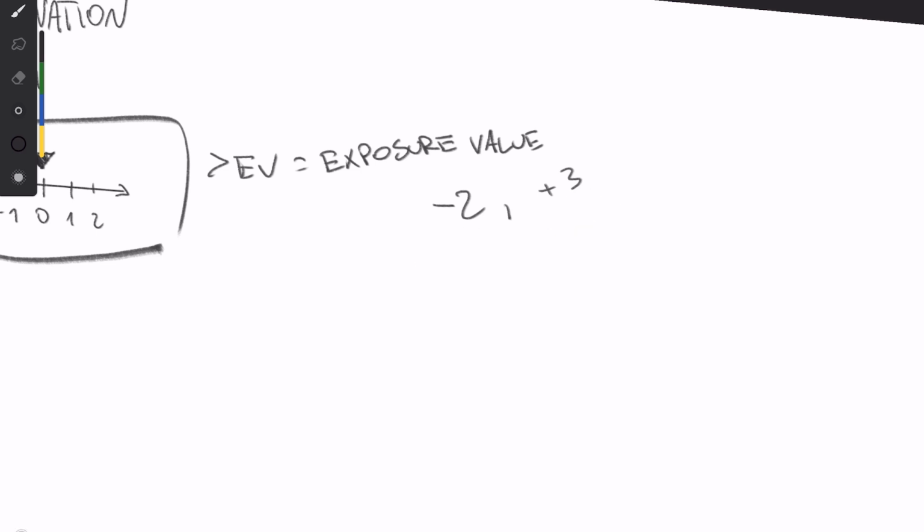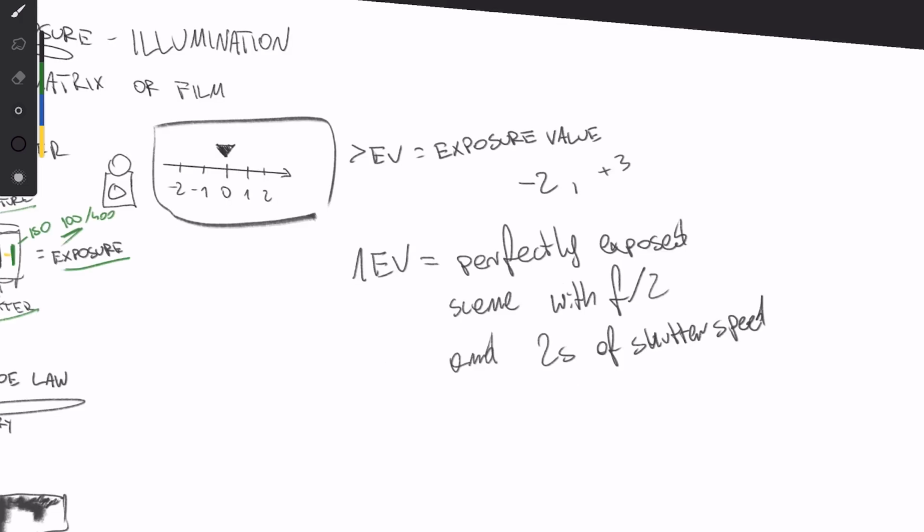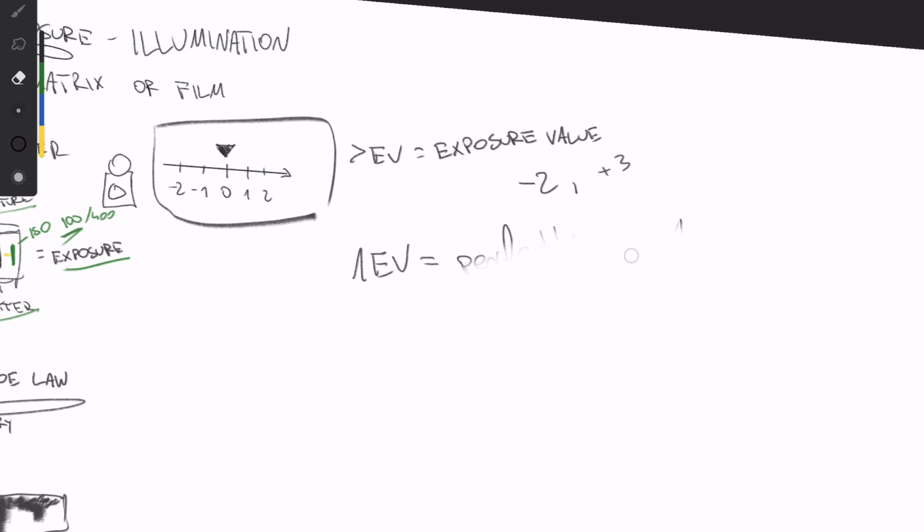And the technical definition of perfect EV, so 1 EV equals a perfectly exposed scene with aperture 2 and shutter speed of 2 seconds. But that's just too much, right? So let's not focus on this. I'm just giving you the whole information. I'm not hiding anything from you.